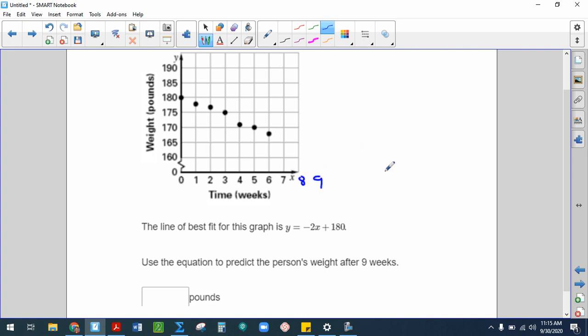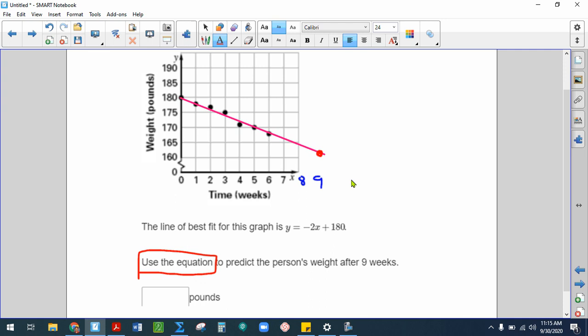So they're asking you to make a prediction about how high this would be after 9 weeks. And we can't really tell exactly from the graph because we don't know whether my line's a little bit less steep or a little bit more steep. And it says use the equation to predict.